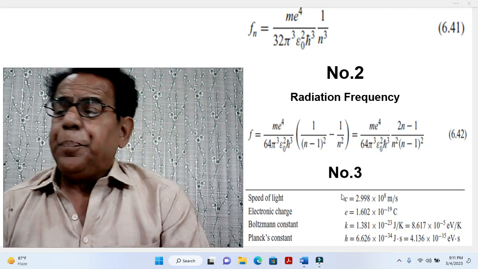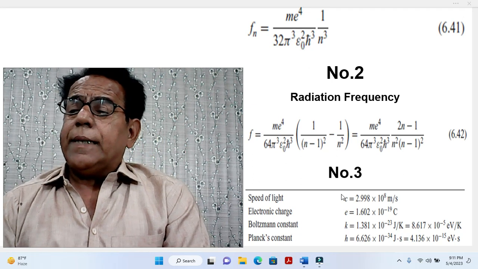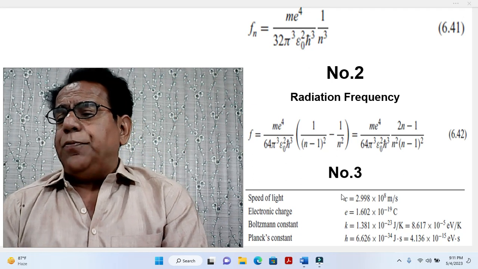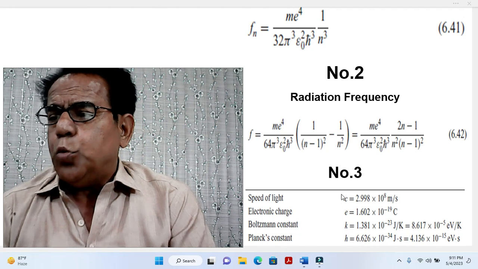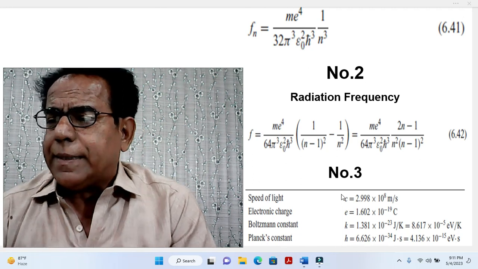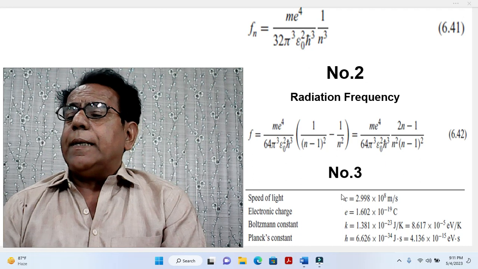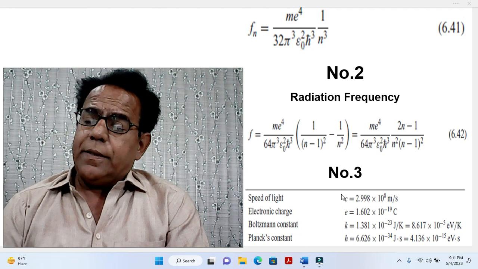This expression alternatively becomes equal to m e to the 4 over 64 pi cube epsilon naught square h bar cube n square into n minus 1 square.